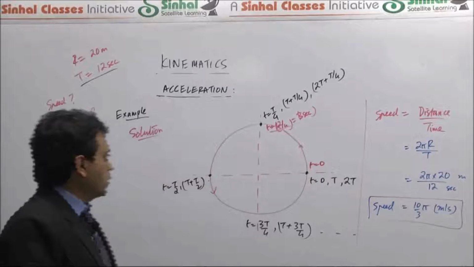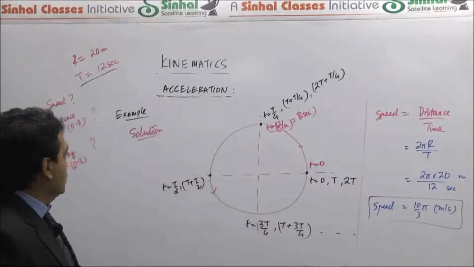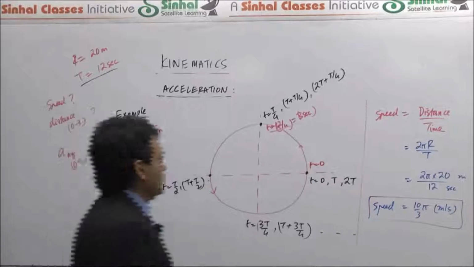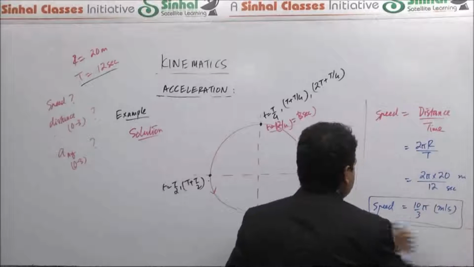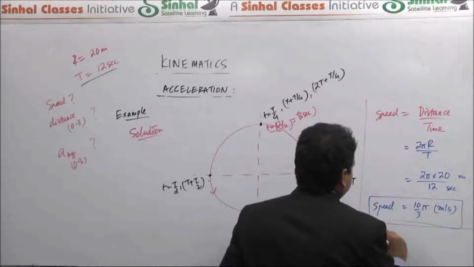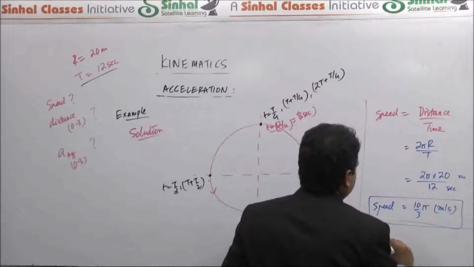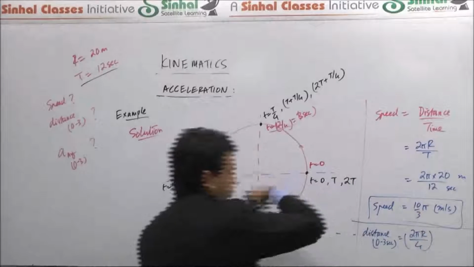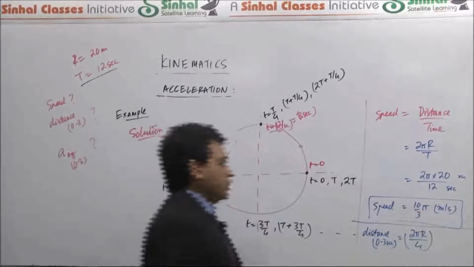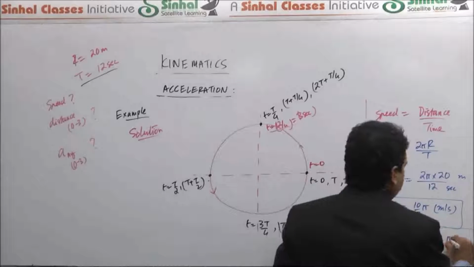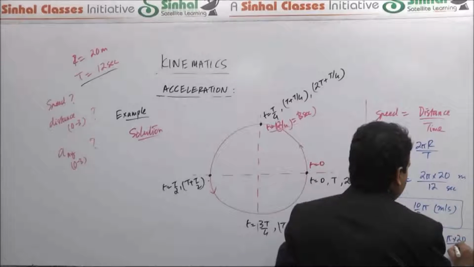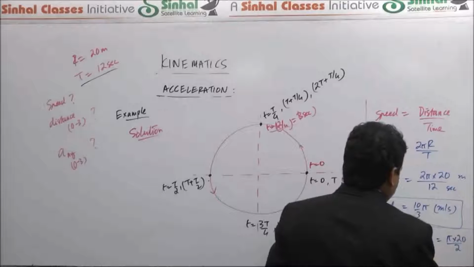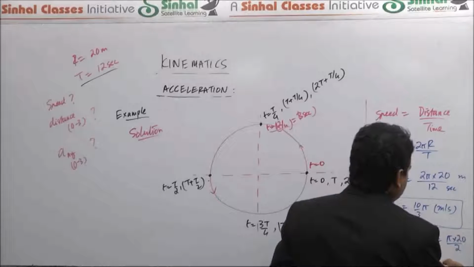That's one part done. Now the distance traveled in, sorry, 3 seconds, that would be 1/4 of the full cycle, so 1/4 of the time period. So as you can see, that would be pi into 20 by 2, 10 pi meters.